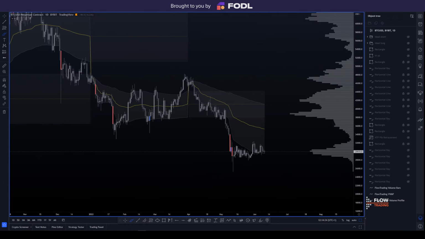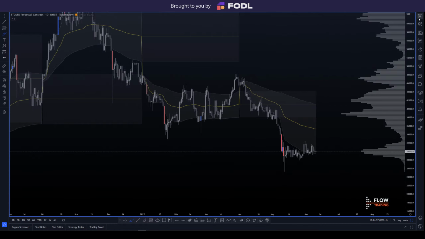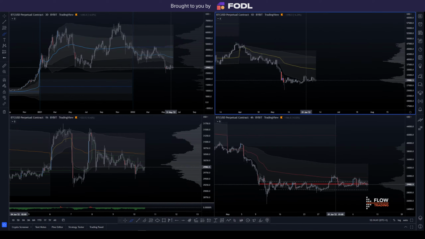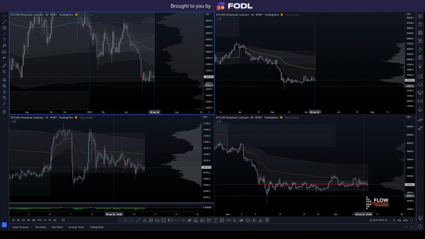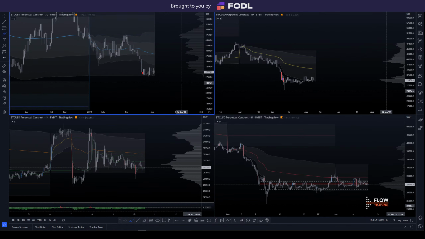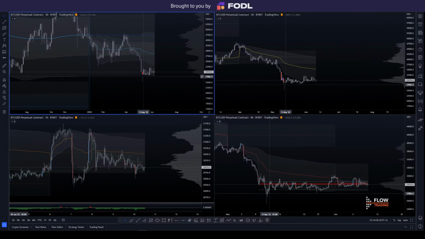Okay, $31,000, $32,000. Again, looking at the smaller time frames, you can see that we're basically inside the value area low of the quarterly VWAP. We're also inside the second standard deviation of the yearly VWAP here, right?